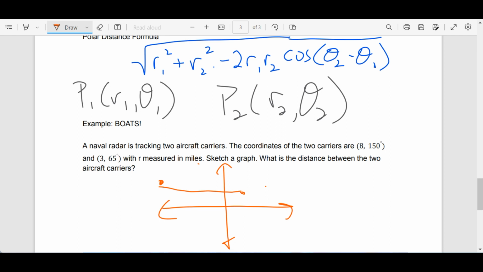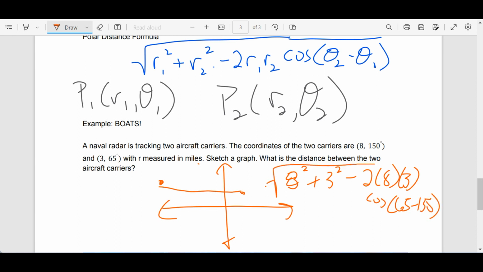So as you're drawing it, r1 is 8. 8 squared plus 3 squared minus 2 times 8 times 3 times cosine of 65 minus 150, square root all that. Make sure your calculator is in degree mode. And you should get about 8.30 miles if you put it in your calculator.